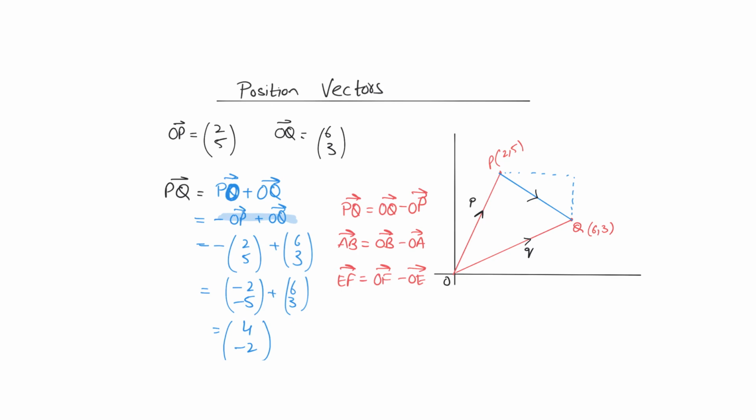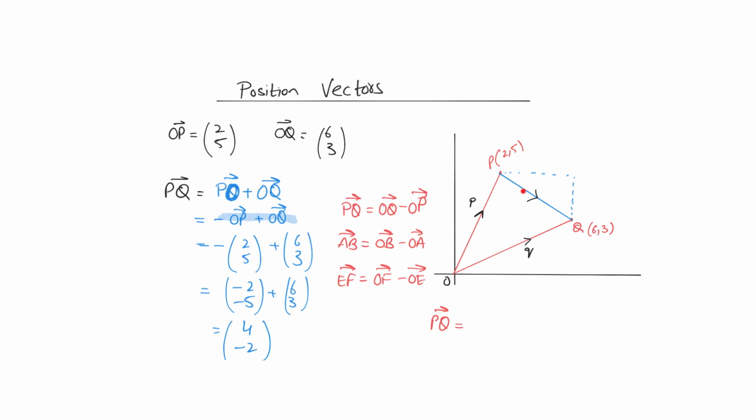Now coming back to this example again, if the OP vector can be represented as small p and OQ can be represented as small q, and I have been asked to express PQ in terms of small p and q, then that's going to be this.